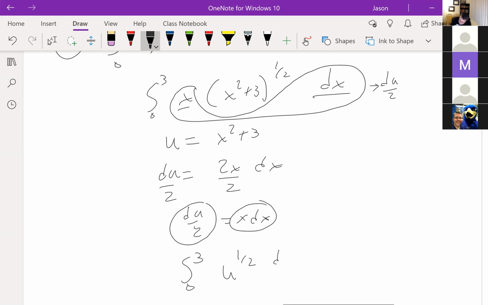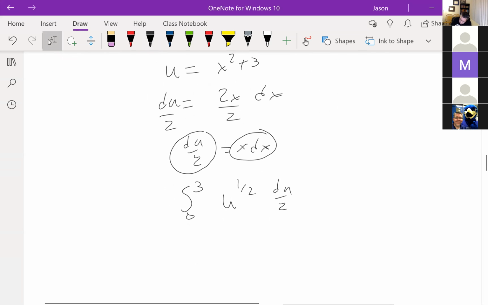So this is just going to be 1/2 u to the 1/2.